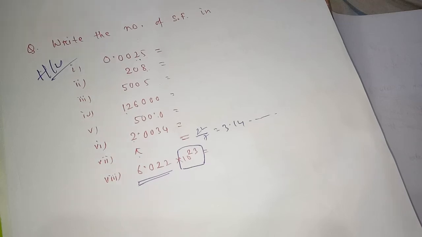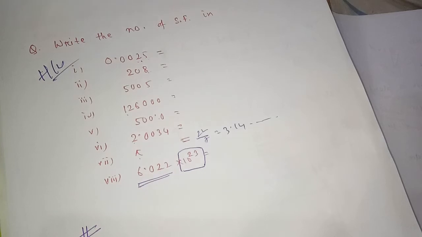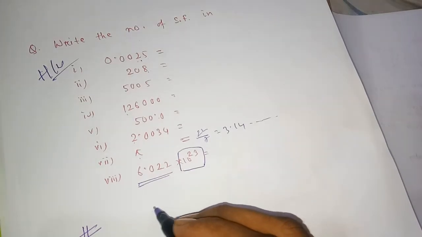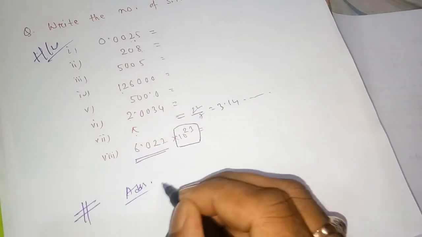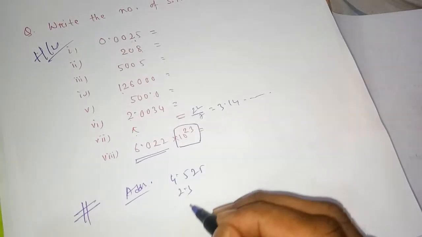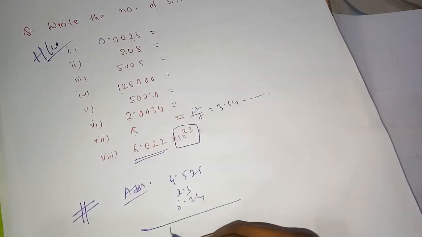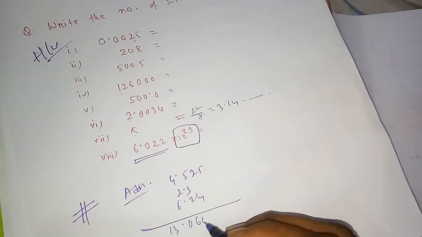Now two more points about significant figures. If we do addition or subtraction in significant figures, for example if we have 4.525, 2.3, and 6.24, the result coming is 13.036.